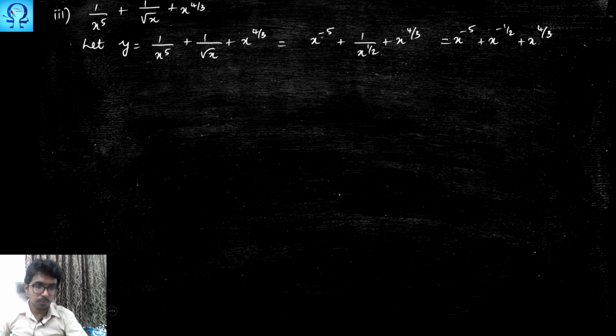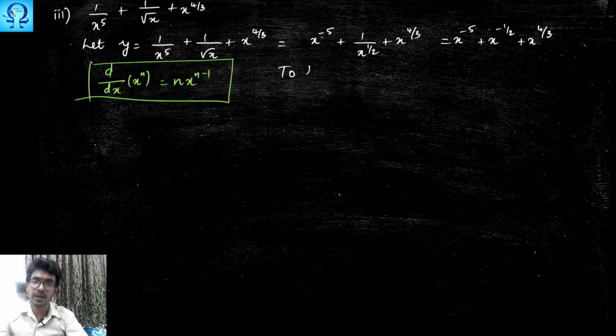In order to complete this problem, it is enough if we know the derivative of x power n. That is n times x power n minus 1. Only this we are going to make use of here. Here we are about to find dy upon dx.